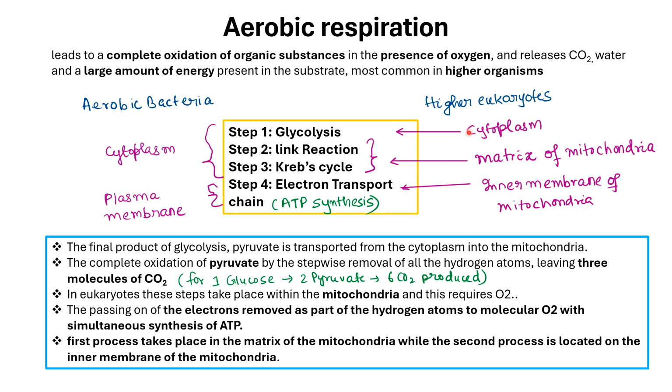In higher eukaryotes, glycolysis takes place in the cytoplasm. Both the link reaction and the Krebs cycle take place in the matrix of mitochondria, and the electron transport chain takes place in the inner membrane of mitochondria.